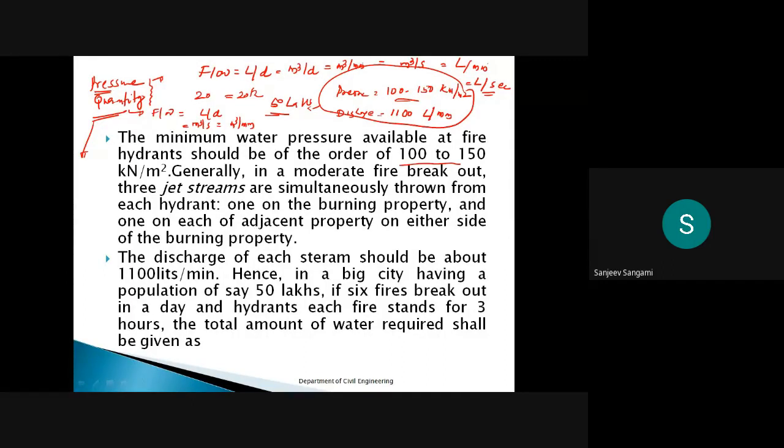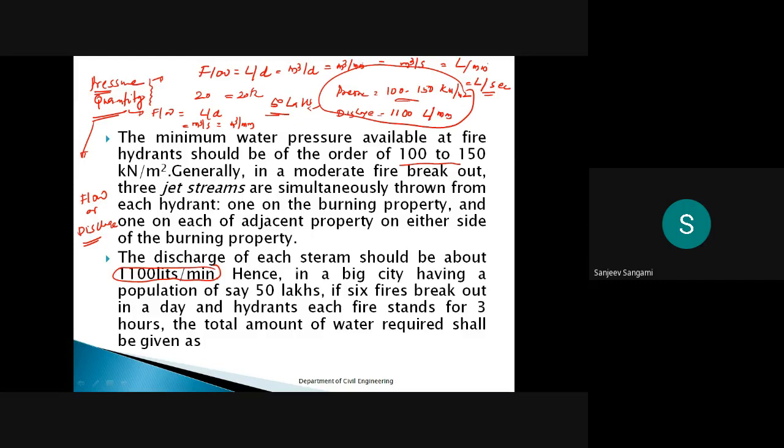Then how much flow should be maintained? 1100 liters per minute of flow, means per minute it has to discharge. Flow or discharge, both are the same. Sometimes I'll use the word flow, sometimes discharge. If I say 1100 liters per minute of flow should be maintained, it can reach the 20th floor of the building.